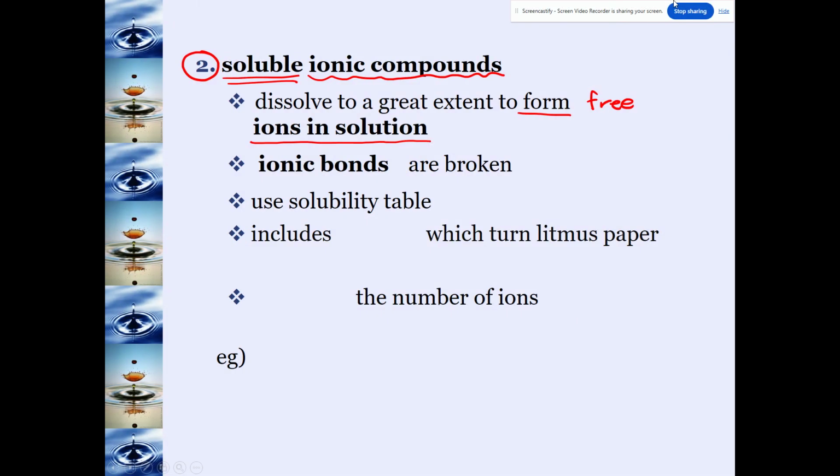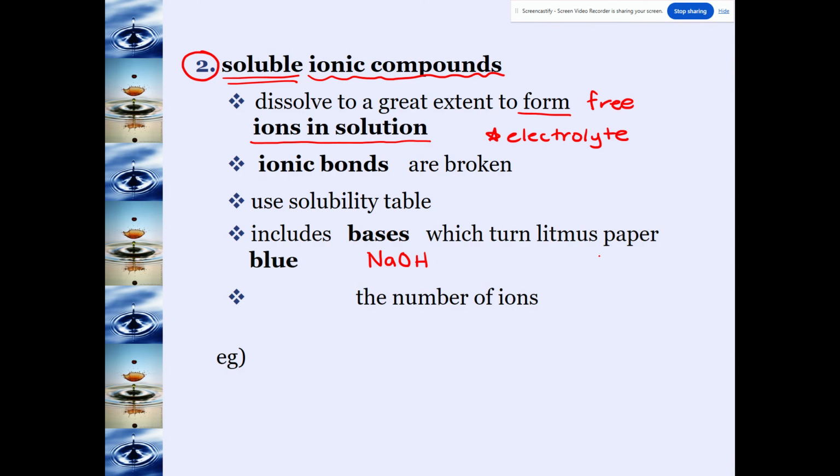The solubility table again lets me know which type of ionic compounds are soluble, and this includes bases. Remember, bases turn litmus paper blue, and there's a lab that I do with my students where we identify solutions using conductivity. So a soluble ionic compound, because it's forming free ions, will be an electrolyte. So this compound will conduct electricity.